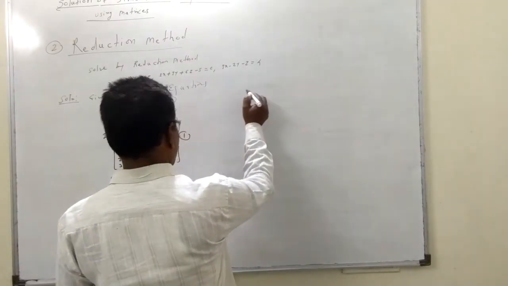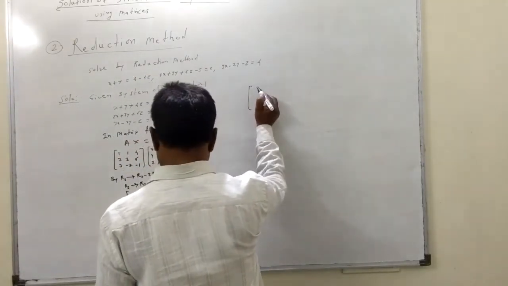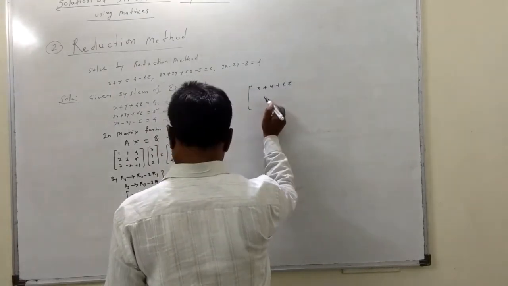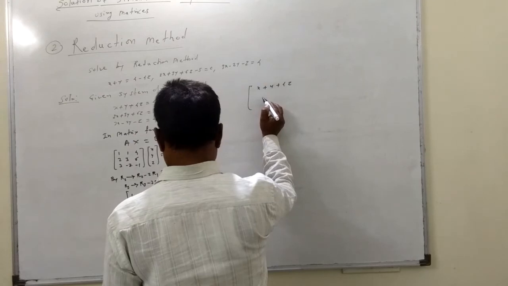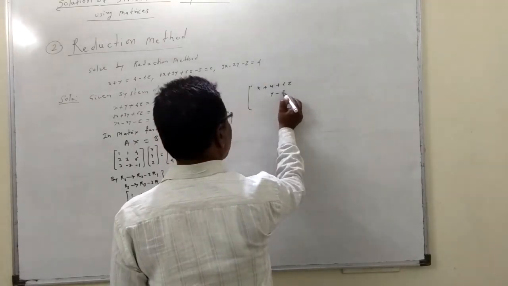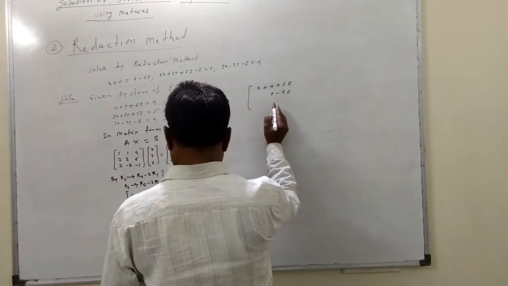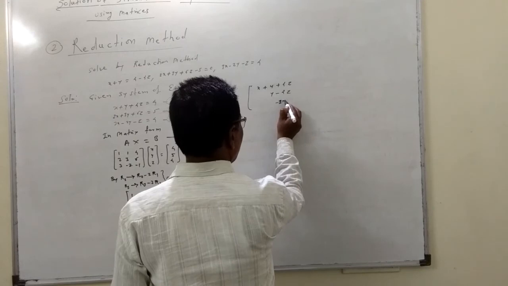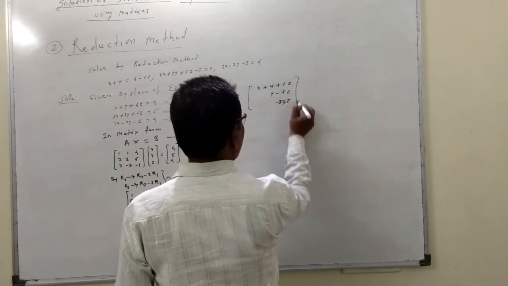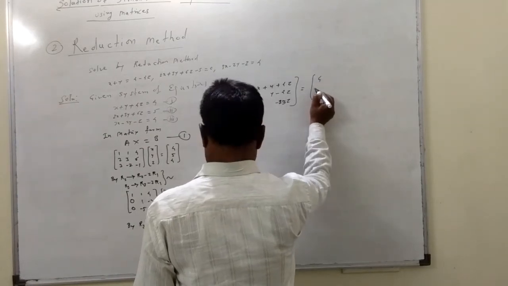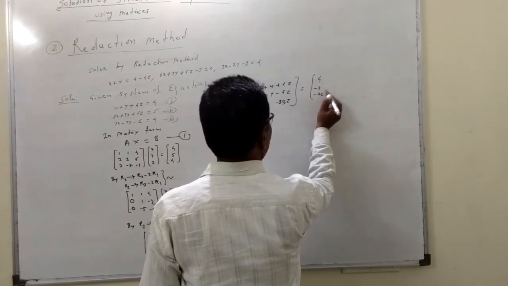Now you take the products, so we get x plus y plus 4z, y minus 2z, and minus 23z, is equal to 4, minus 3, minus 23.